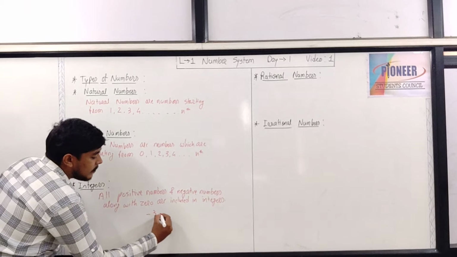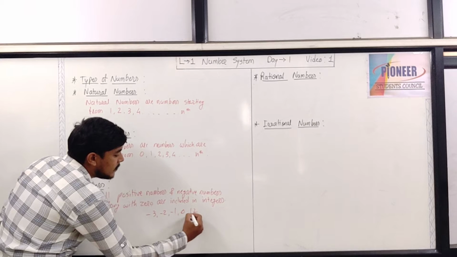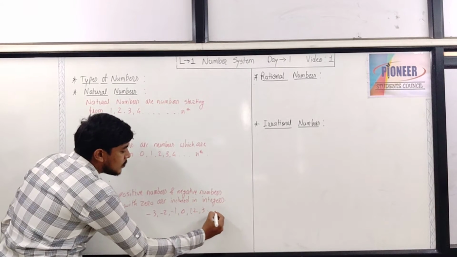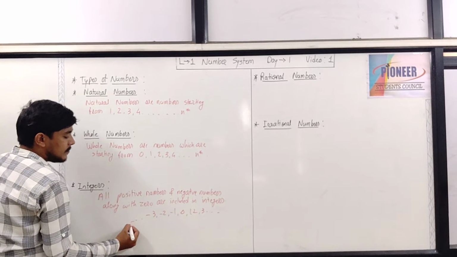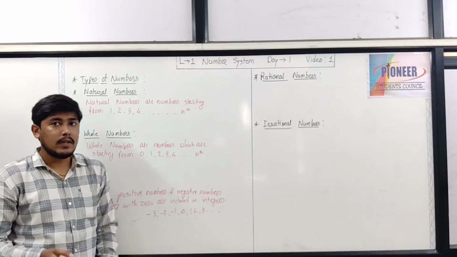Means minus 3, minus 2, minus 1, 0, 1, 2, 3, and so on. All such numbers are known as integers. Okay guys?